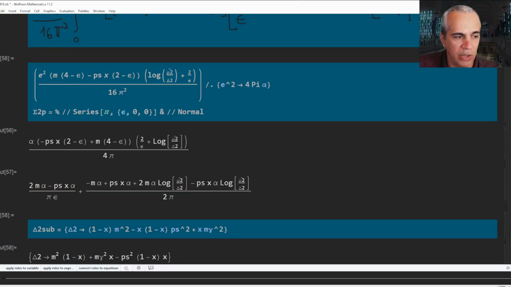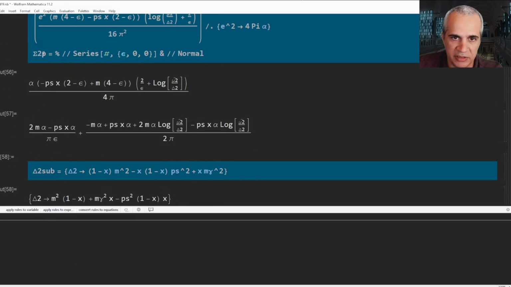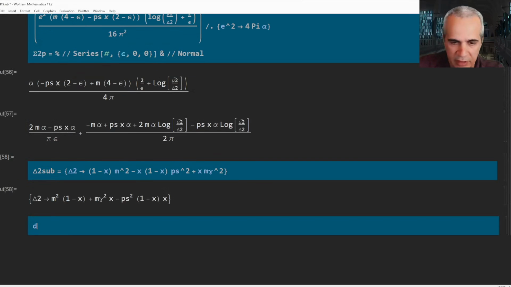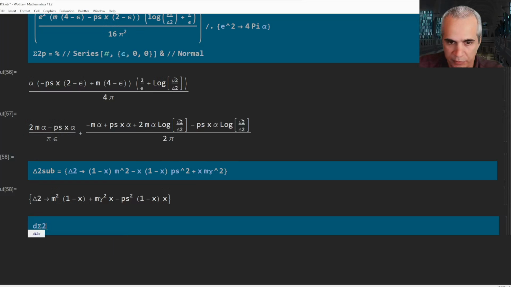And of course, once we make p slash go to m squared, I'll substitute that right here. So now I want to take the derivative. I'll define another variable. I call this sigma 2 of p slash, and I'll call the derivative d sigma 2 of p slash.